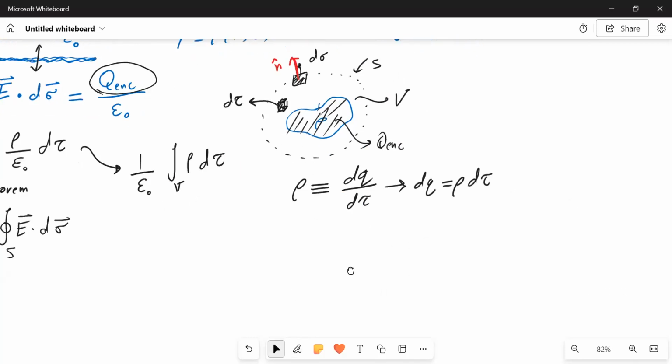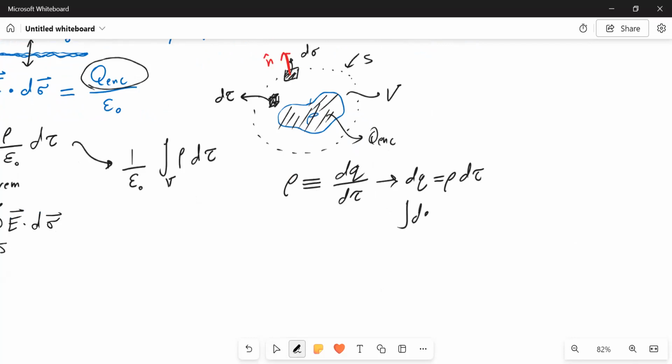And if I take the integral of both sides over that volume, that would give me the total charge. So let's say this is the total charge. In other words, I end up with the total charge being nothing but the volume integral of the charge density over some region in space.